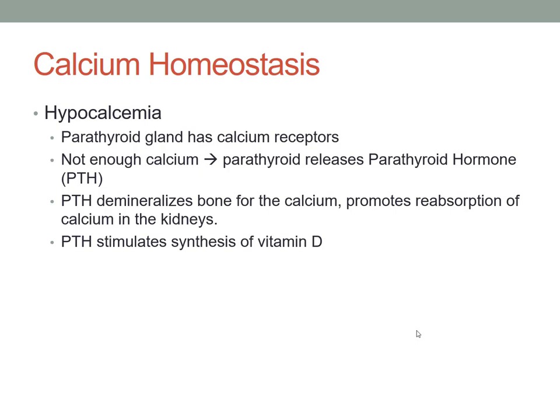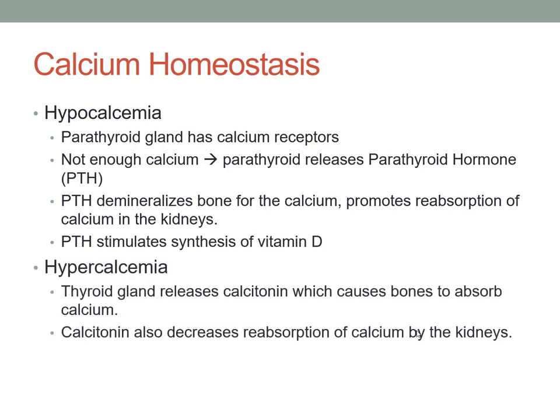And it also promotes reabsorption of calcium in the kidneys. So if you have any kind of kidney dysfunction, that may inhibit that process as well. And also parathyroid hormone stimulates synthesis of vitamin D.